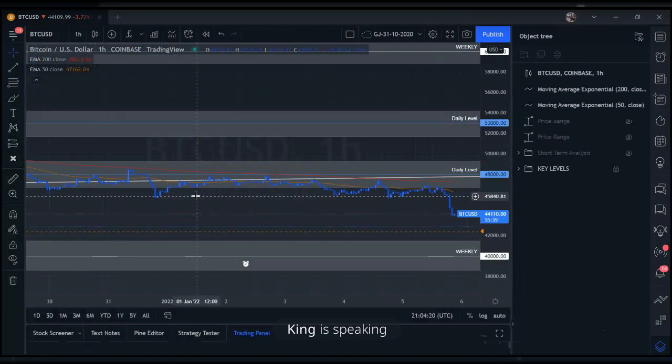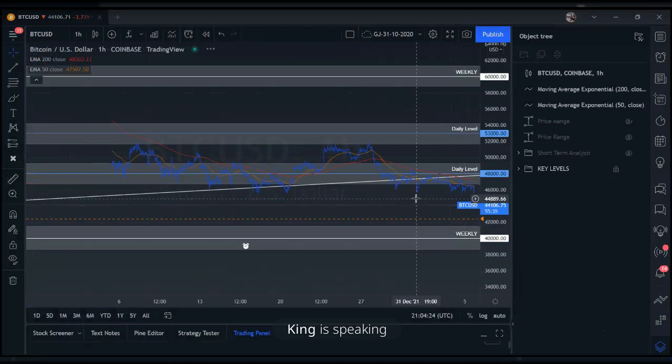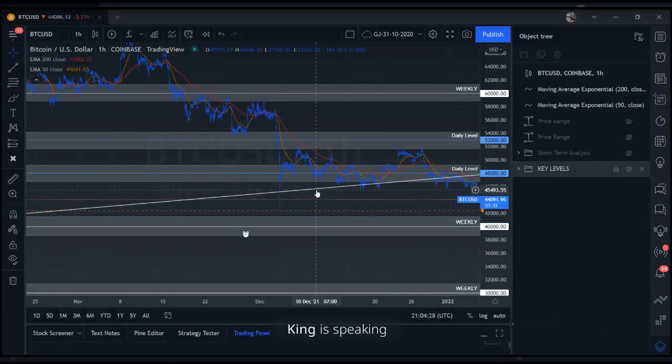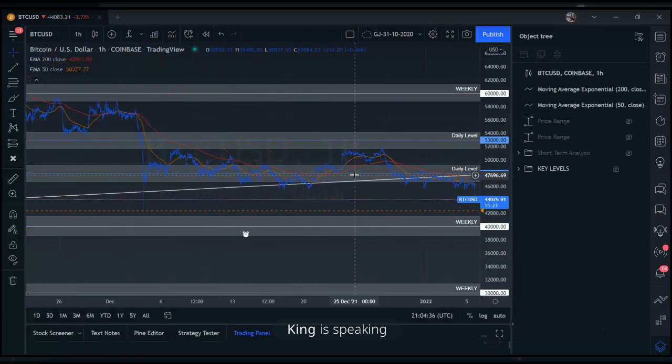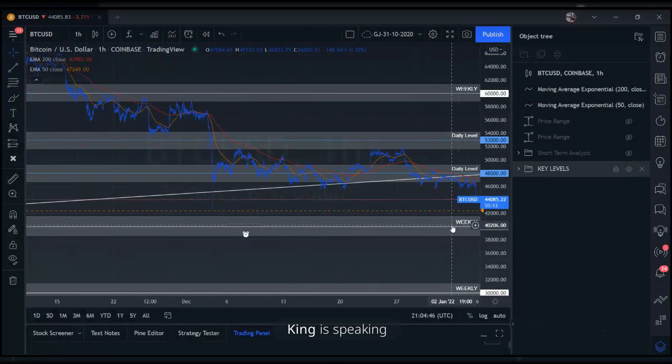Let's go back a bit further. We can see that the weekly level supported it, it broke through, tested it, broke down, and we pretty much traded around this daily level, this daily range, before starting to break down and move towards another weekly level.